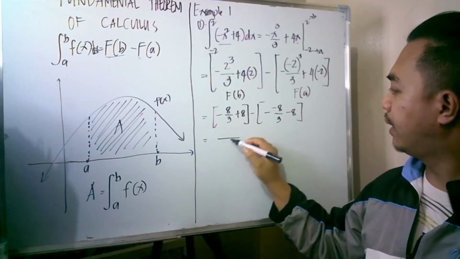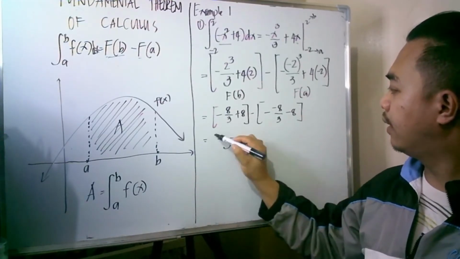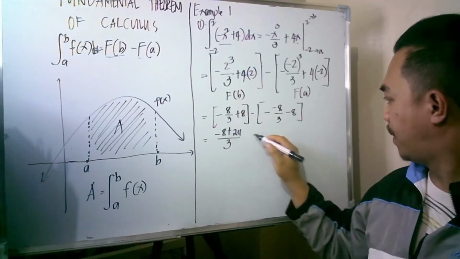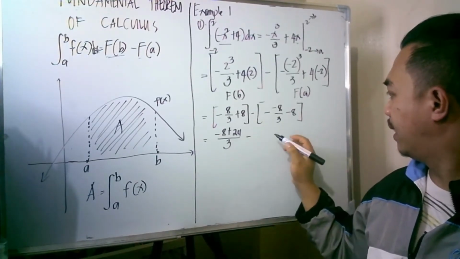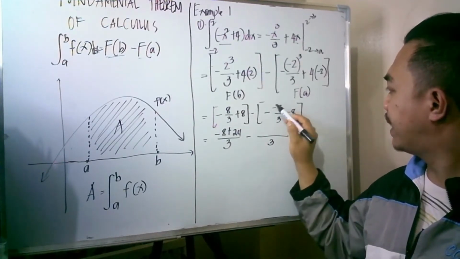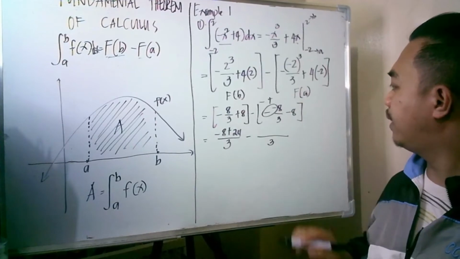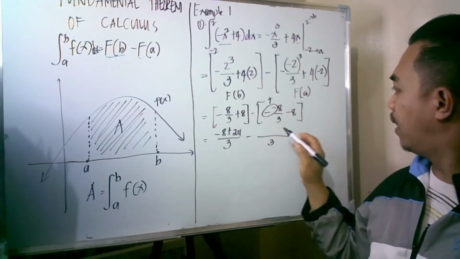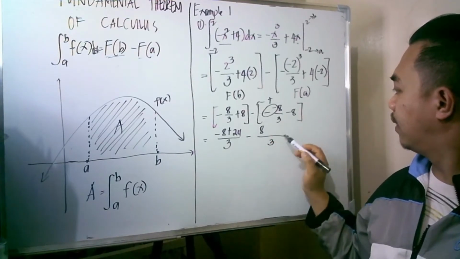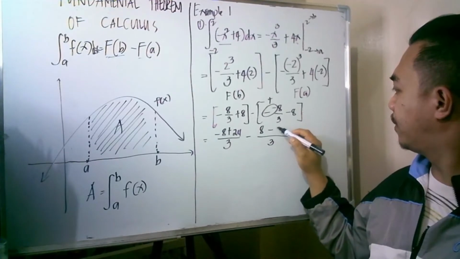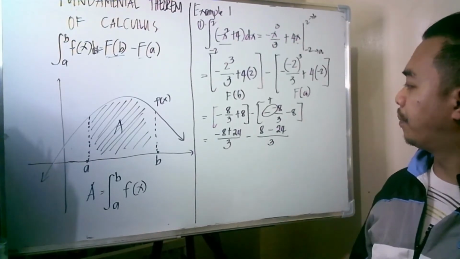So anong gagawin natin? Mag-LCD tayo. 3 negative 8 plus 24 minus natin yan. Gawin din natin dito 3. Magiging positive na siya, no? Magiging positive yon. So we have actually positive 8 minus 24.